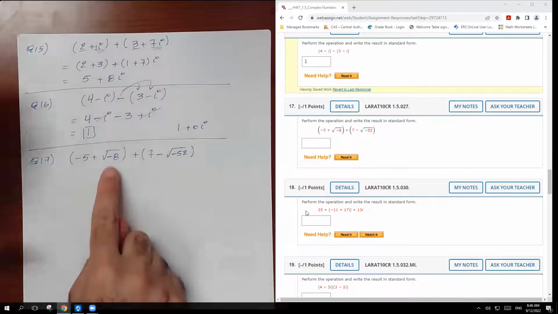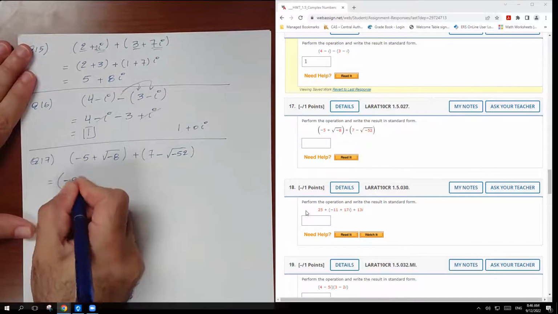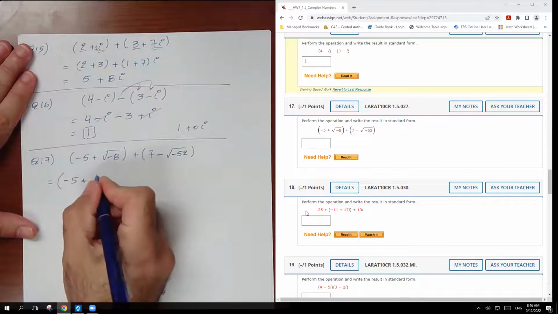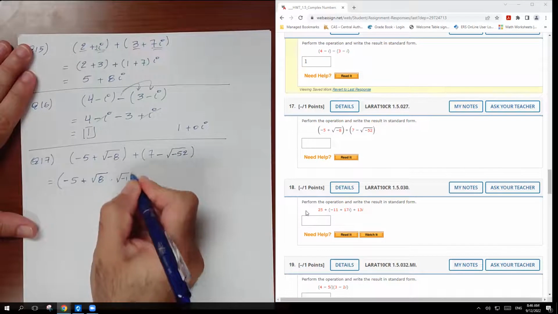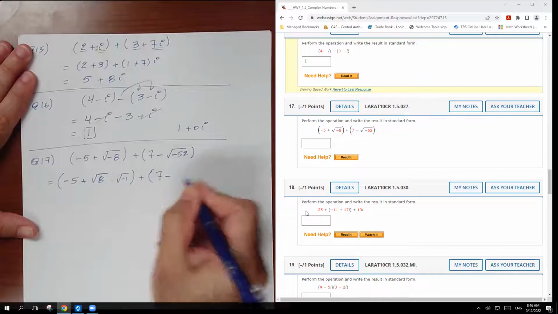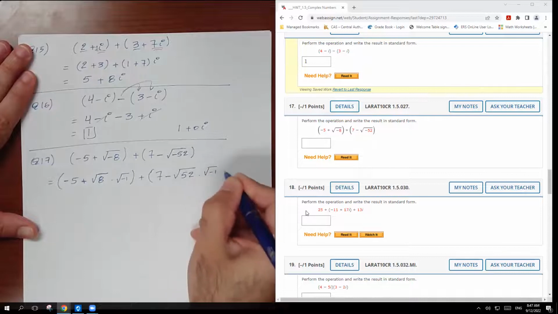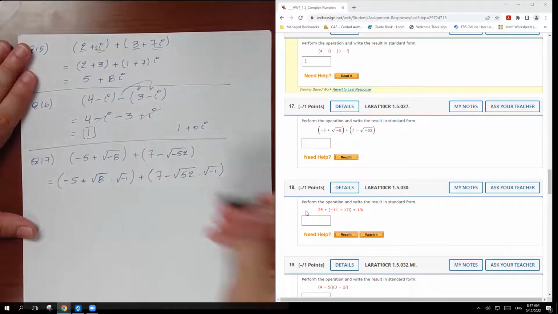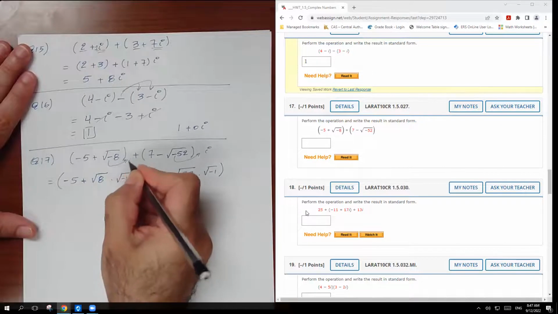First of all, simplify the roots. So here is going to be -5 plus square root of -8, which is the same thing as the square root of 8 times square root of -1, plus here is the 7 minus square root of 52 times square root of -1. You can do this step, or you're just going to go ahead and take the negative sign as an I. So both are going to be right.